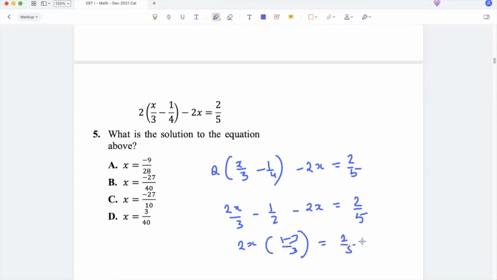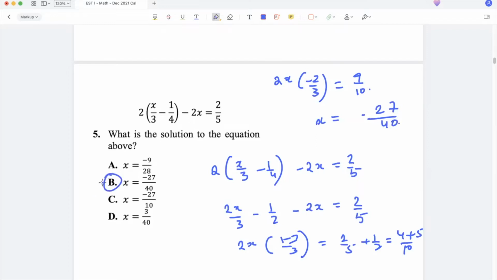And 2 by 5 plus 1 by 2 will be 4 plus 5, so 9 by 10. So 2x into minus 2 by 3 is 9 by 10. So x would be minus 27 by 40. Minus 27 by 40, option B.